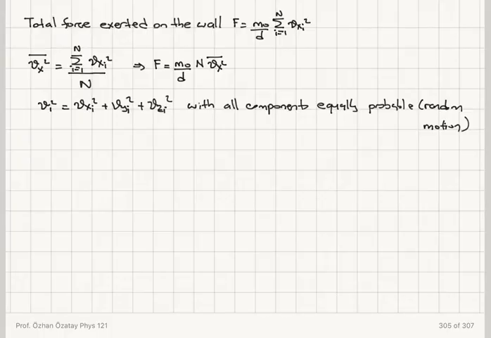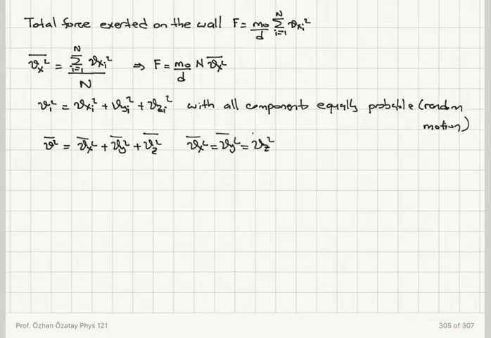All right, so if I take the average of v square, this is going to be equal to the average of Vx square, average of Vy square, plus average of Vz square, where Vx square average is the same as Vy square average is the same as Vz square average, so that the V square average is 3 times Vx square average, because I have random motion.